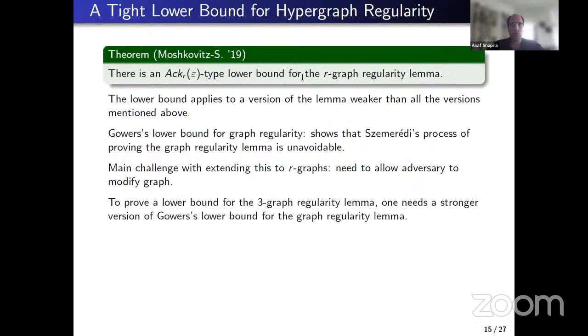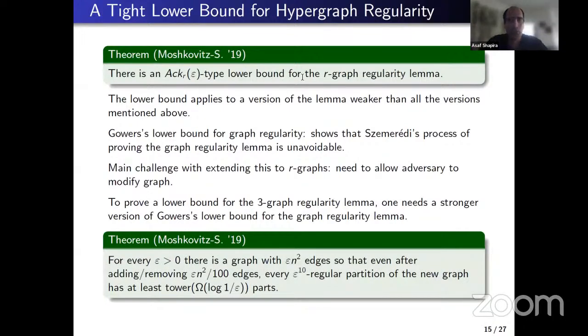It turns out that to prove a lower bound, it's not enough to recursively apply a lower bound for graph regularity. We need to recursively apply a lower bound for a weaker version of the regularity lemma, meaning we need a stronger version of Gowers' lower bound where one is allowed to modify the input graph.